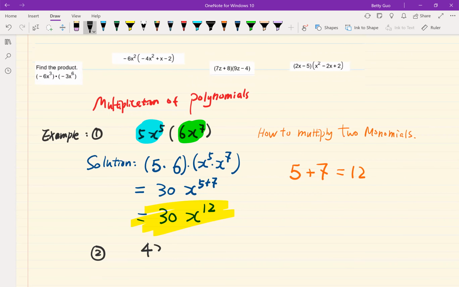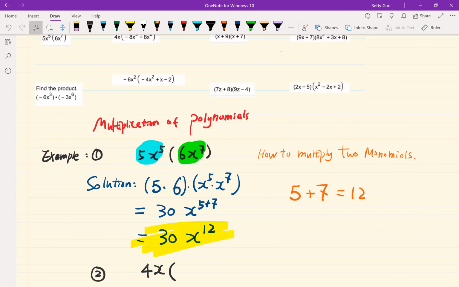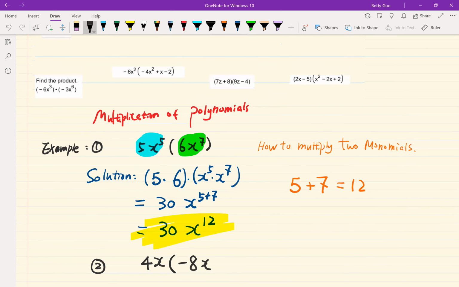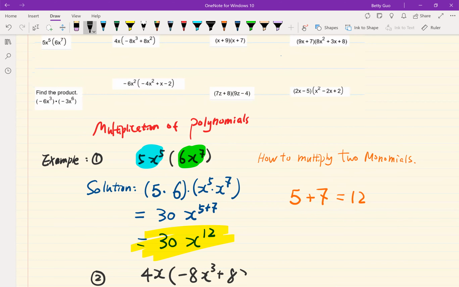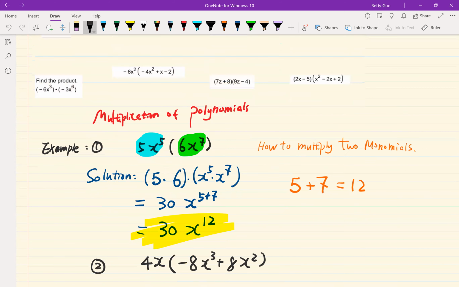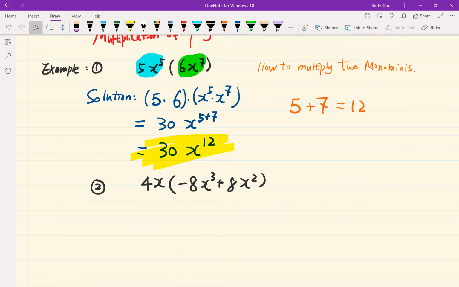Second problem is 4x multiplied by parentheses negative 8x cubed plus 8x squared. Okay, let's see what's this example. This blue polynomial is a monomial. Do you agree?